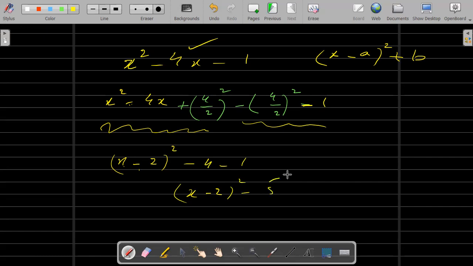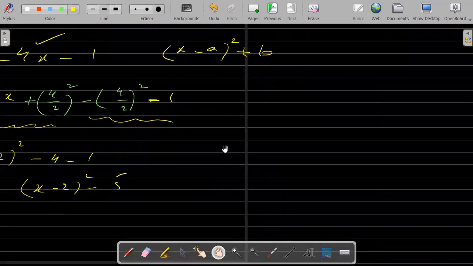So this is now our completing square form. This is the final answer. Clear?